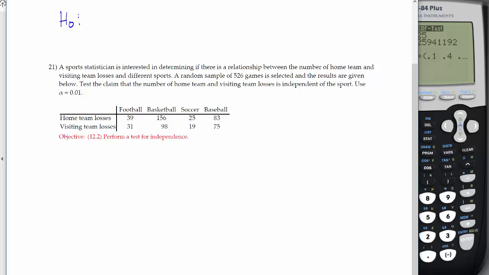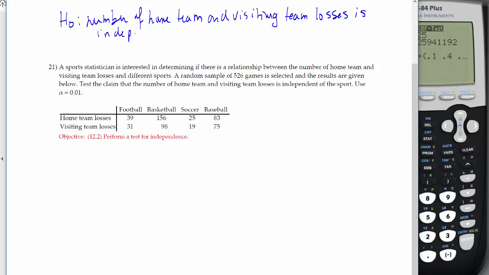The number of home team and visiting team losses is independent of the sport. So that's what the claim is.